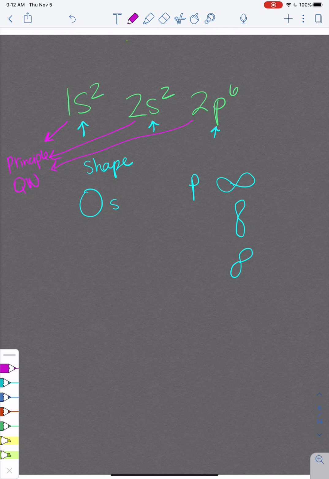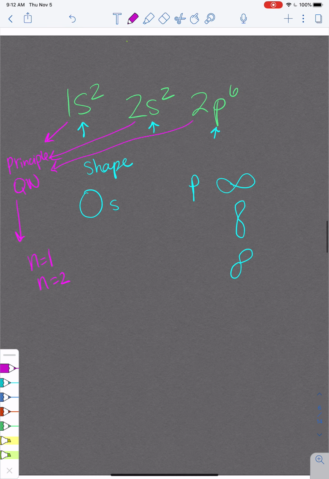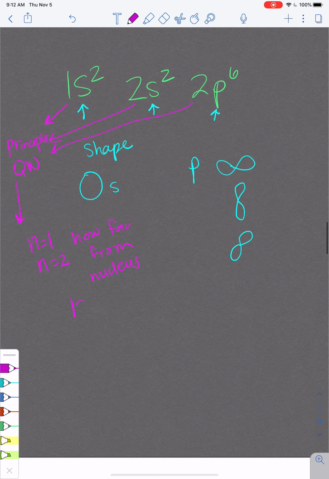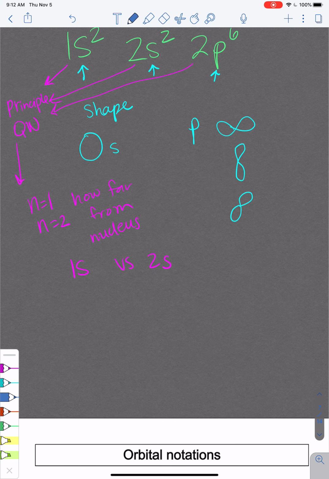The principal quantum number is like n equals 1, n equals 2, and this is how far from the nucleus you are.